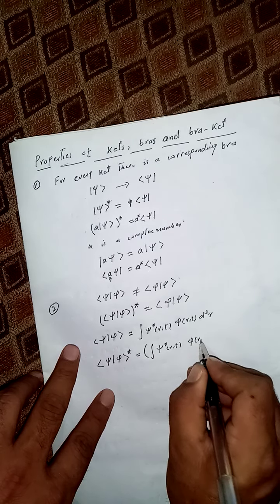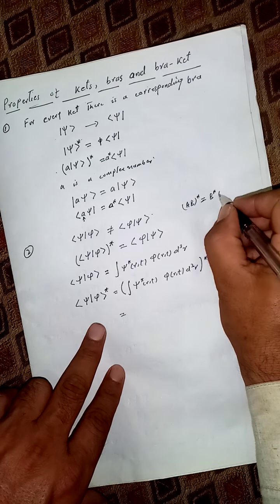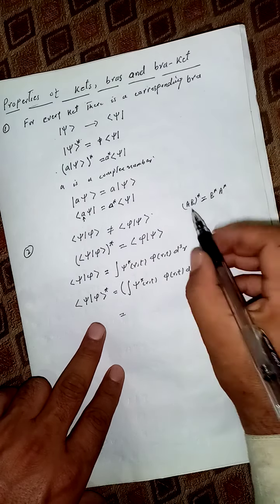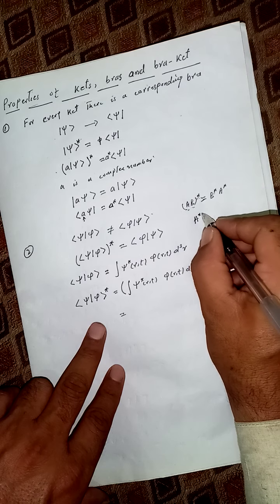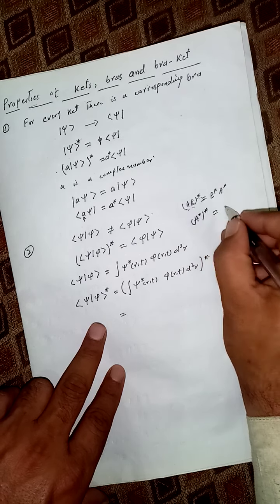Now this side is equal to, as we know that if we have two matrices A and B, and we have to take the complex conjugate of their product, then we will get B star, A star. We have to change the order of the matrix product, and then we have to take the complex conjugate of each of them. Also, if I have a matrix and we take the double complex conjugate, then we get the same matrix again.